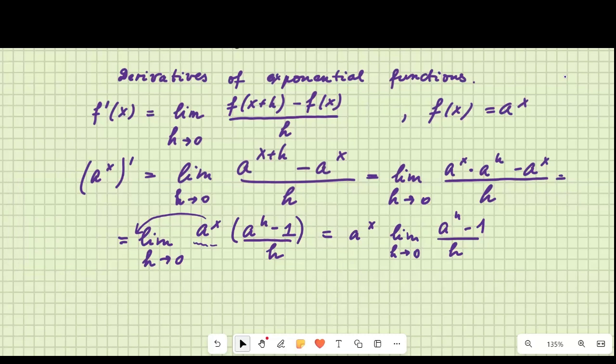So let's define the number e as a number for which this limit is going to be equal exactly to 1.